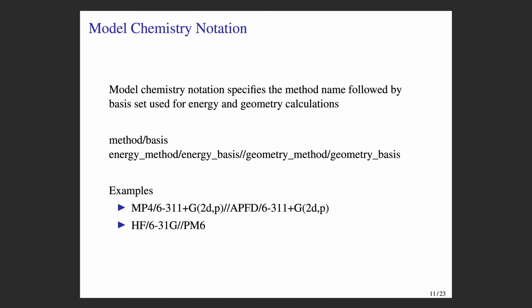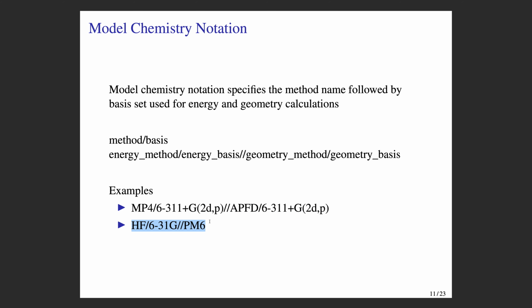And so here's two written out examples. In this case, we've used this density functional theory method with this particular basis set to determine the geometry of the molecule, and then the energy of the molecule was determined with this MP4 method and this particular basis set. This is probably a nonsensical approach. I don't know that you would use a DFT calculation followed by an MP calculation.